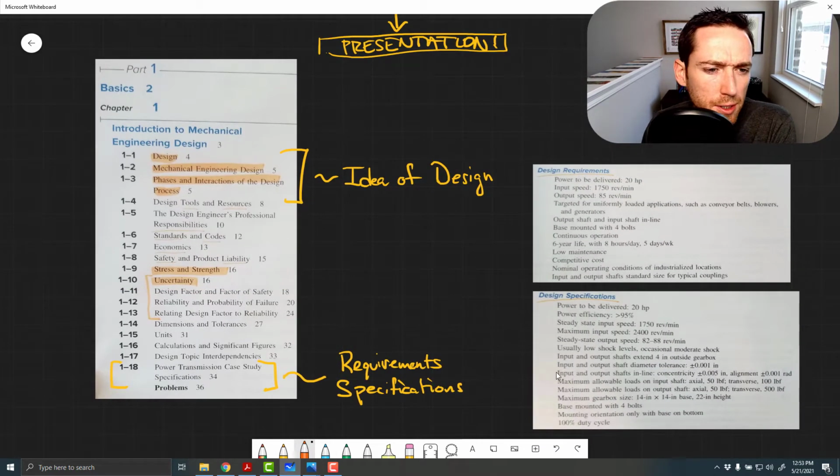Now, when we start to think about this section right here, where we've got tools, resources, and responsibilities, we're talking about lots of different safety standards and codes that we have to follow, codes of laws for things, and standardization.